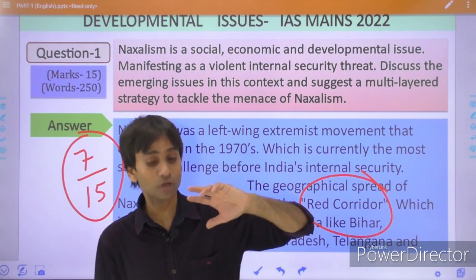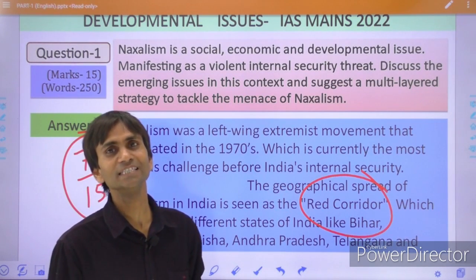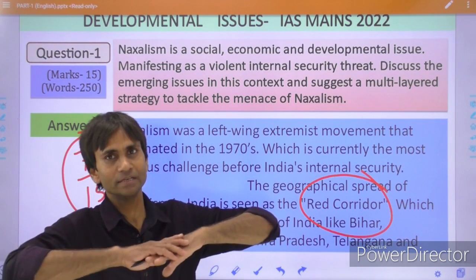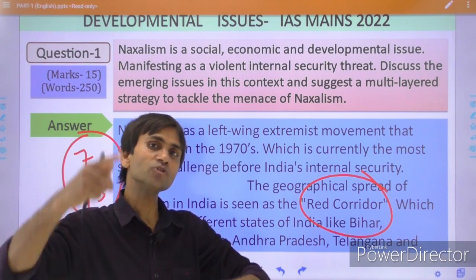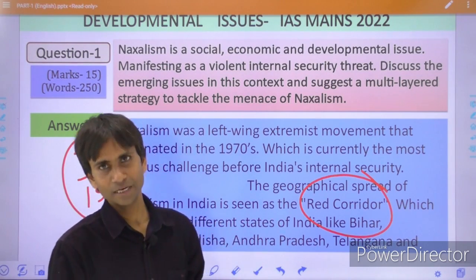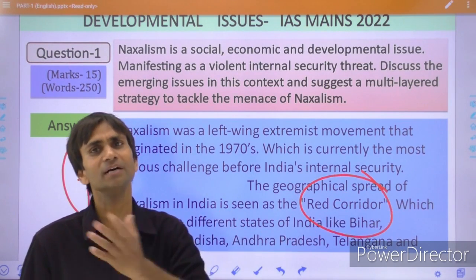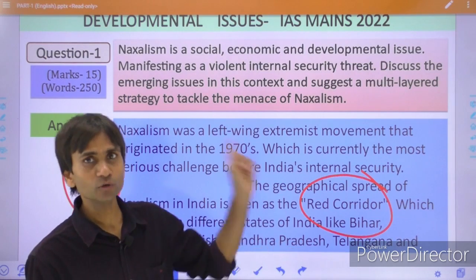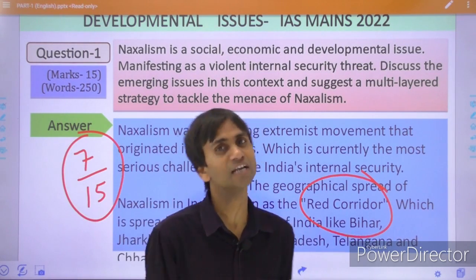Naxalites are also trying to get their financial base from funding agencies or through smuggling activities, and attempts have been made to link Naxalite activities with terrorist activity. So different kinds of issues have emerged in recent times, and in future their link may be identified with other anti-nation activities.